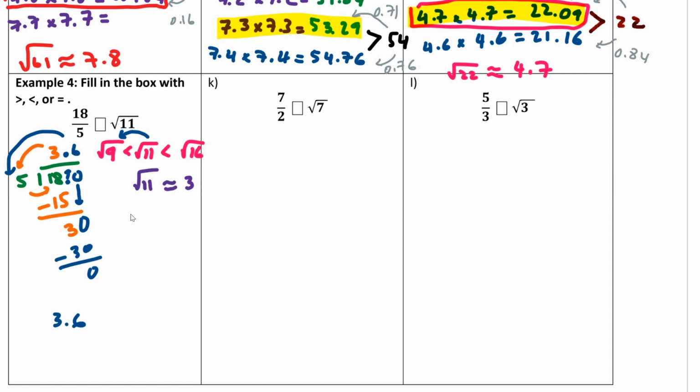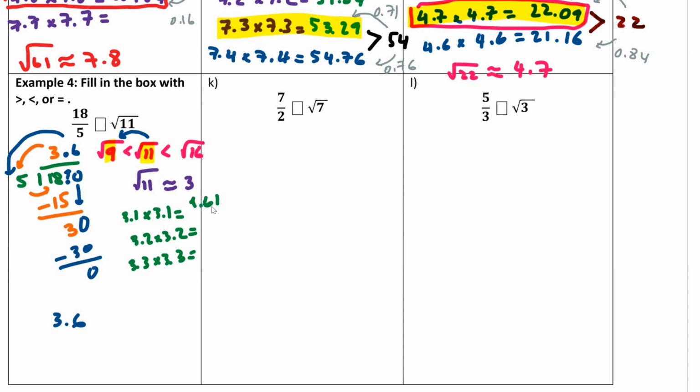So we use the same concept. So bigger than 3. One more time, it's just like what we've been doing. Square root of 11 is bigger than 9, which means the actual answer is bigger than 3. So we're going to do 3.1 times 3.1, 3.2 times 3.2, 3.3 times 3.3. Okay. 3.1 times 3.1 is 9.61.